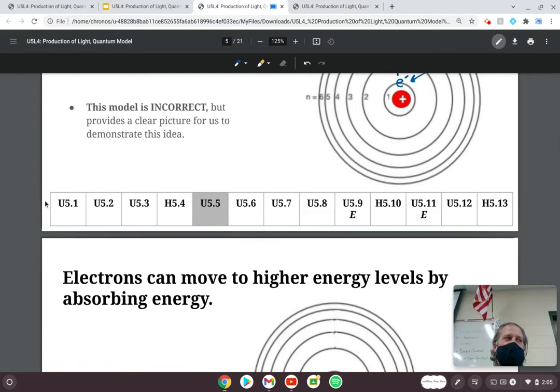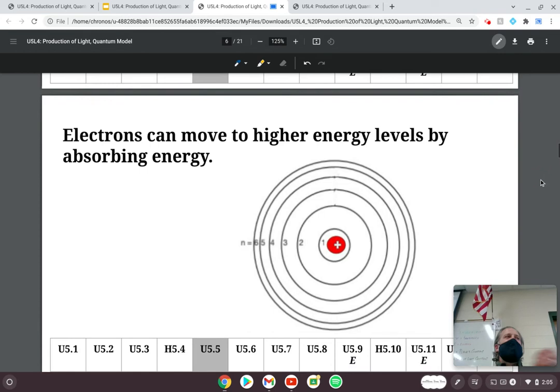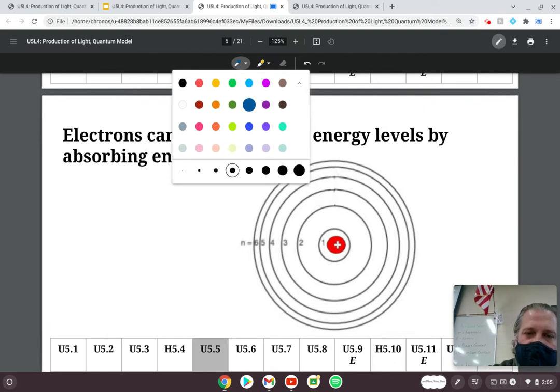One of the things that we can use this model for is that atoms can move to higher energy levels by absorbing energies.